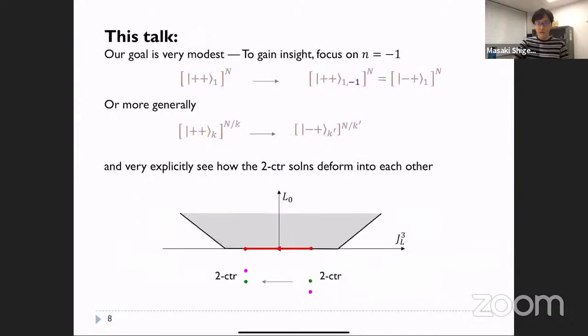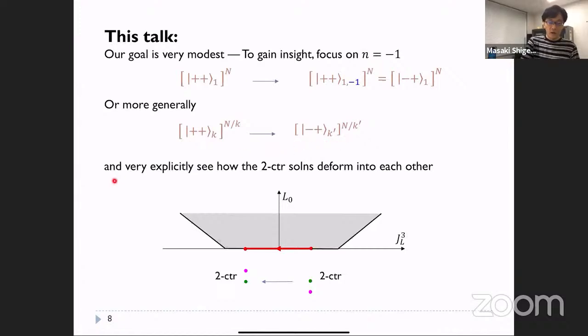However, I'm being more modest in this talk, and our goal is pretty simple. So to gain insight, we focus on n equals -1. So this is the first state, and you go to this state with -1 as the spectral flow parameter, and this is actually equal to ++. And you can more generally consider ++k going to -+k prime.